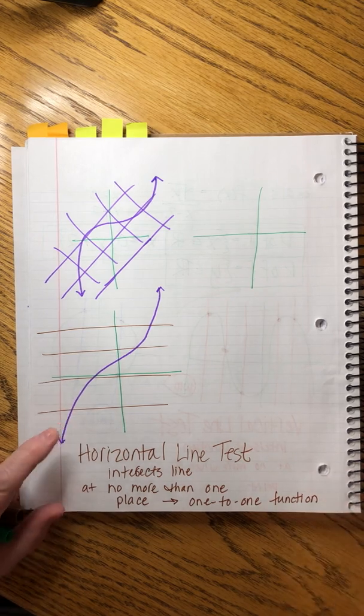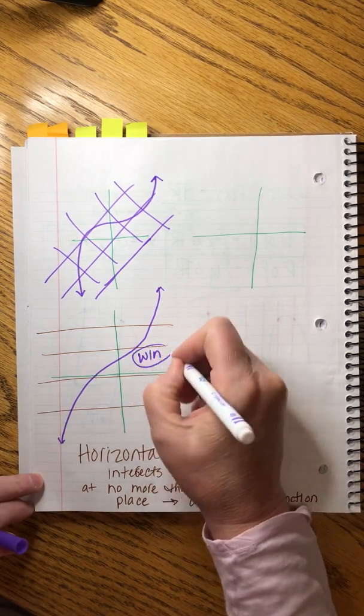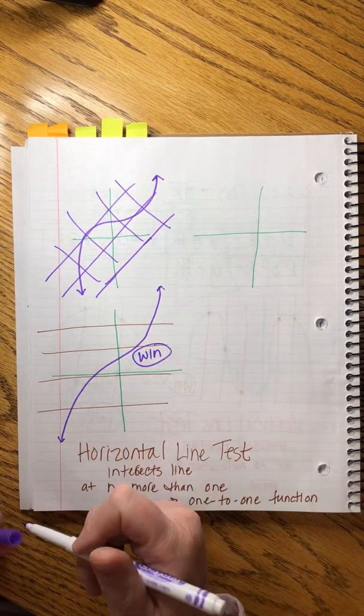So this one is a win because our lines are only crossing at one place.